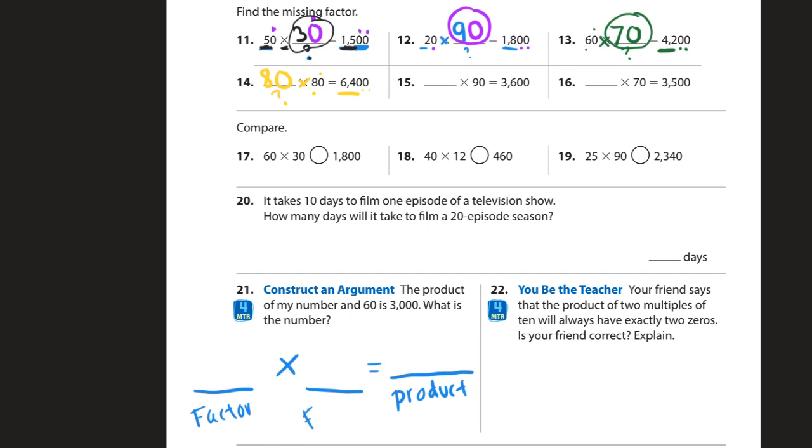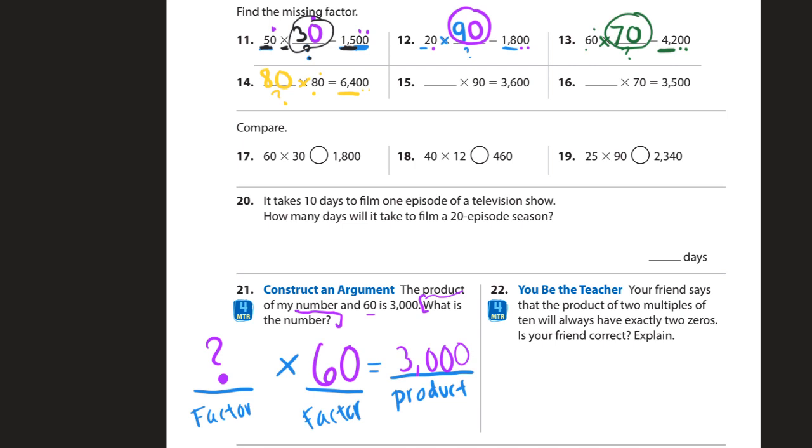So 3,000 is the product of my number, I don't know what that is, and 60. So 60 is one of the factors, and I don't know what this one is. Then the question says, what is the number?